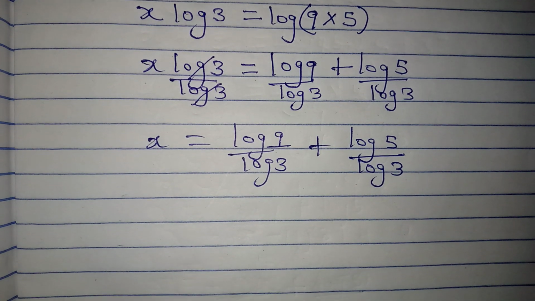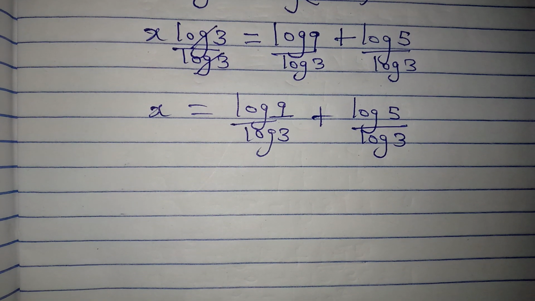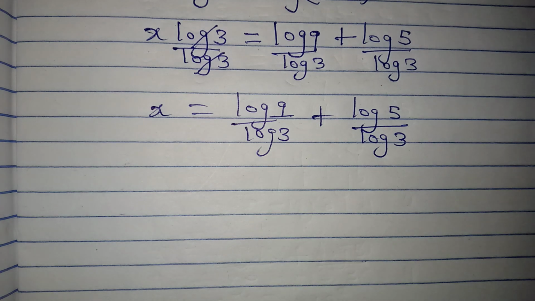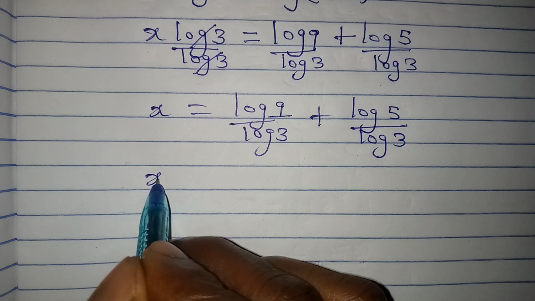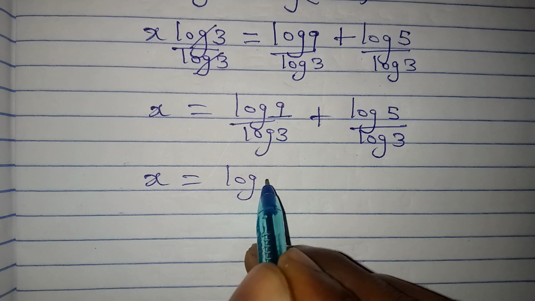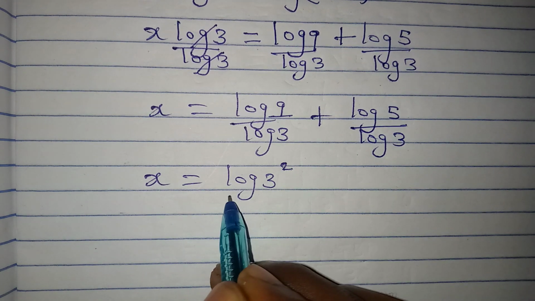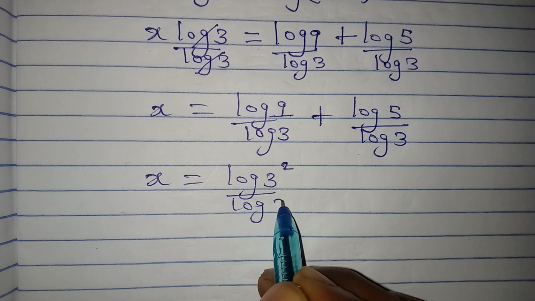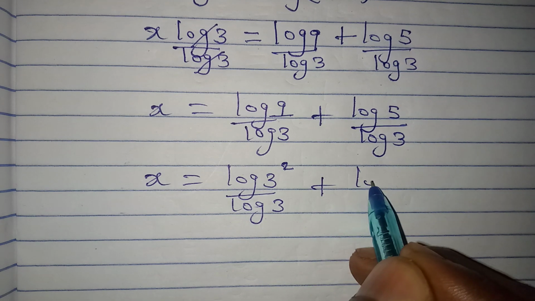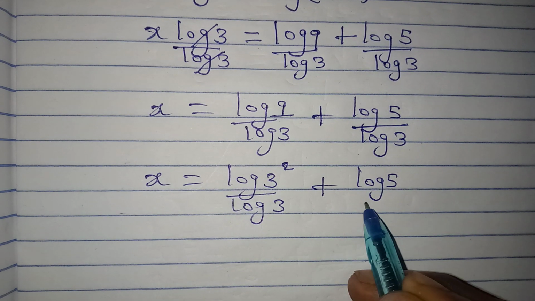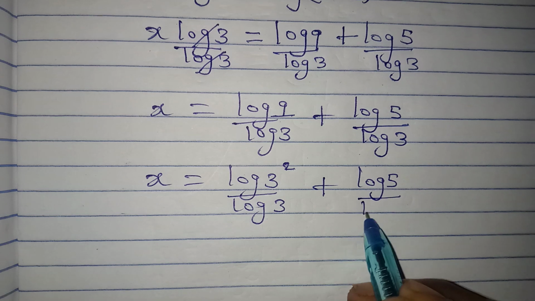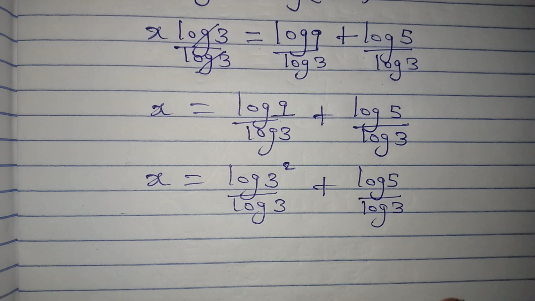And then from here, what do I do? Remember, 9 is the same thing as 3 squared. So x will be equal to log 3 to the power of 2 over log 3 plus log 5 over log 3.